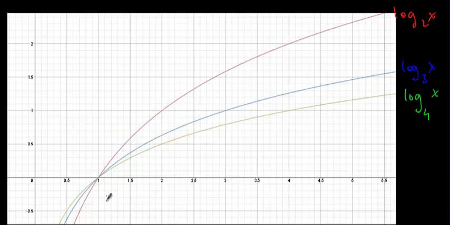Yes, here these are the graphs of logarithm base 4, 3 and 2. When the base is increasing, it's getting closer to the x-axis, I said.